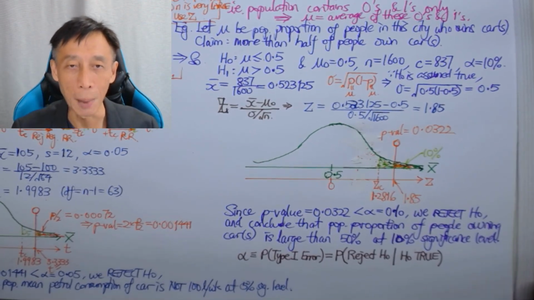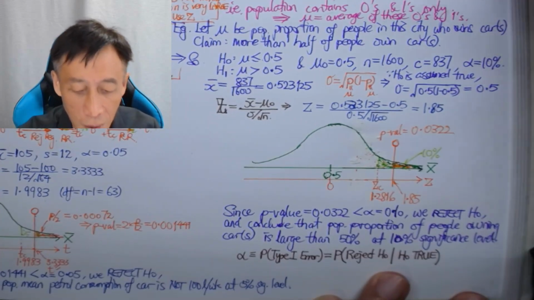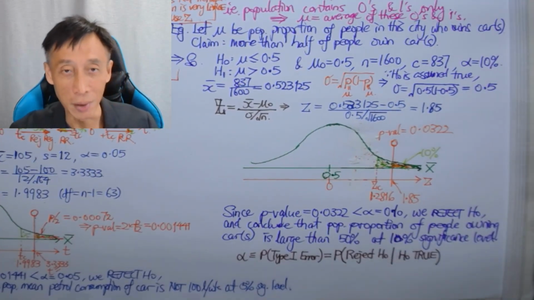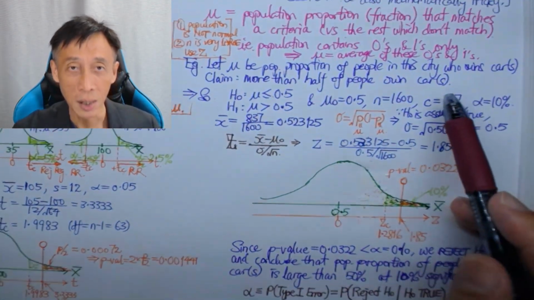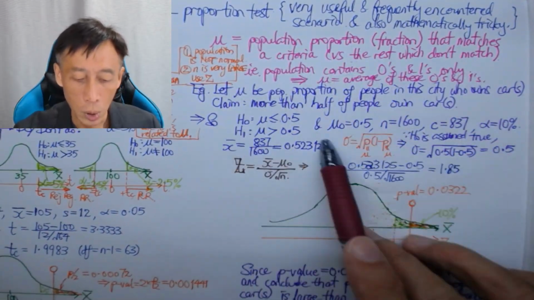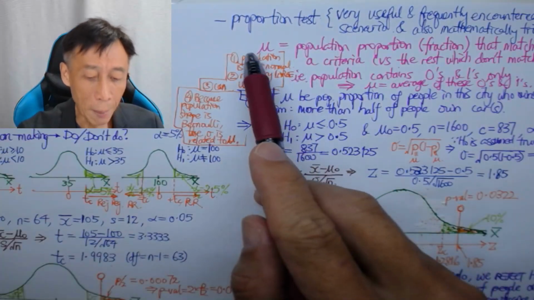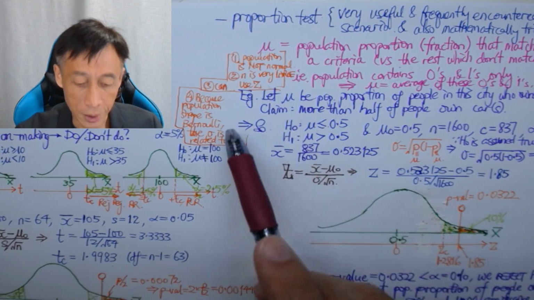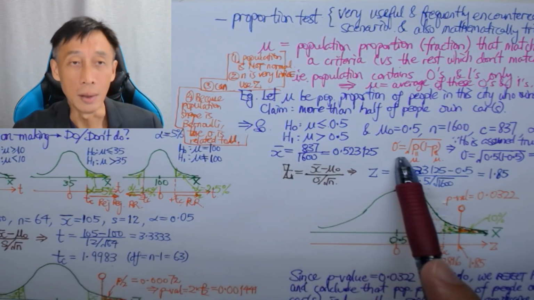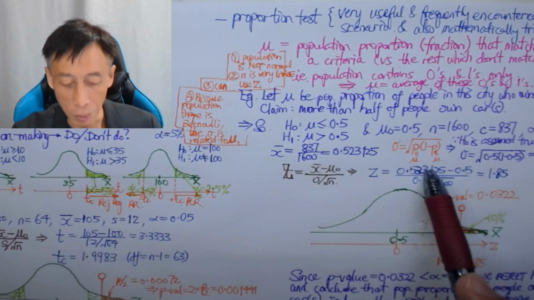So I hope through this example, you have not just seen another mathematically interesting illustration of one population mean test and the calculations, but also get a feel of what happens when the population is very non-normal, and what happens when the population's behavior, especially of the standard deviation, sigma, is related to the mean.